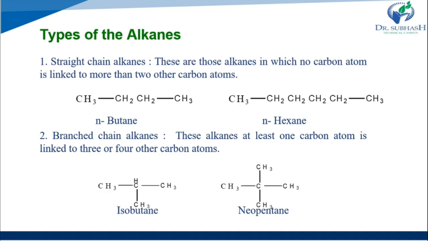Examples of straight chain alkane are n-butane and n-hexane, and examples of branch chain alkane are isobutane and neopentane.